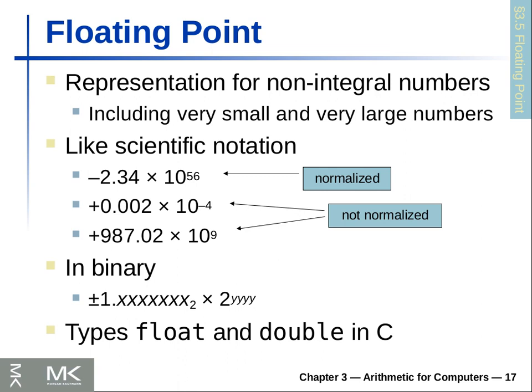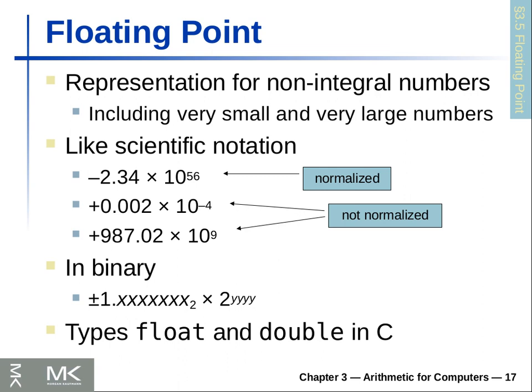Keep in mind also that these two are not normalized. Why are they not normalized? Because in order for it to be normalized, it needs to be like 2 or 9 point something. So to be normalized in base 10, that first digit has to be 1 through 9, and it must not have anything in front of it.